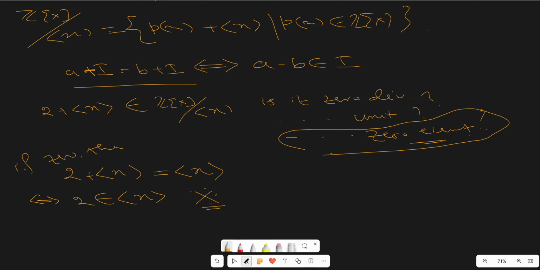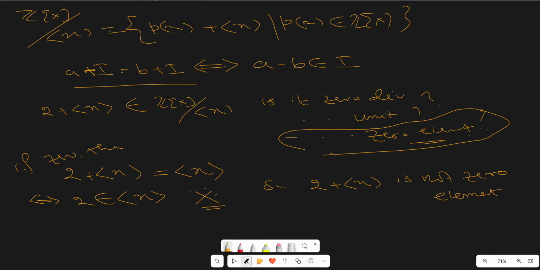So 2 plus this is not a zero element. I have not talked about zero divisor yet. I am just talking about whether this element is a zero element or not. So this is not a zero element.